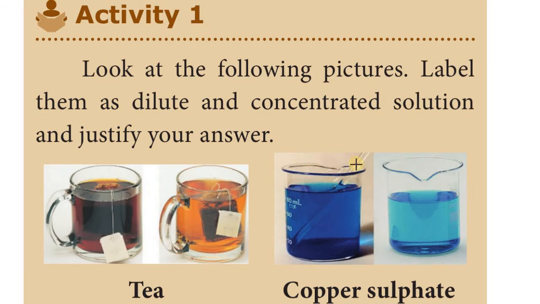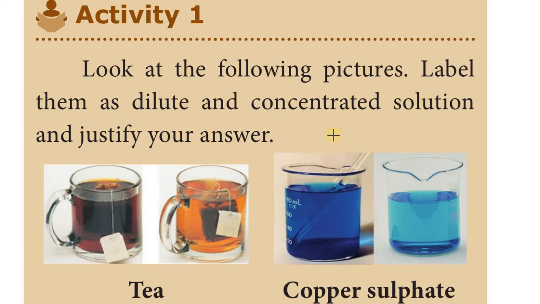Next, just look at the color of these two pictures. So this is copper sulfate, 2 varieties. Can you say which one is dilute and which one is concentrated? First, this one, you see the color, it's very light, and this one is deep. This means there is much more copper sulfate in water.